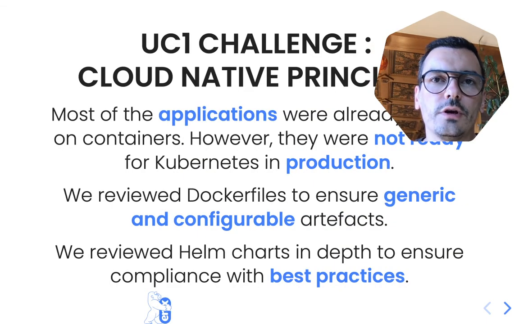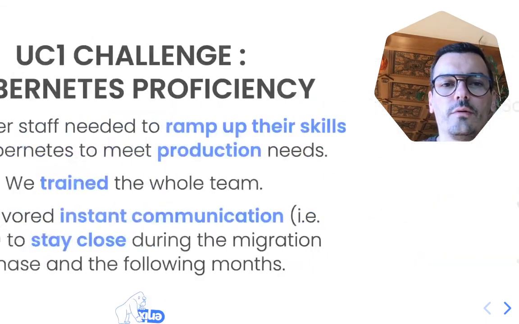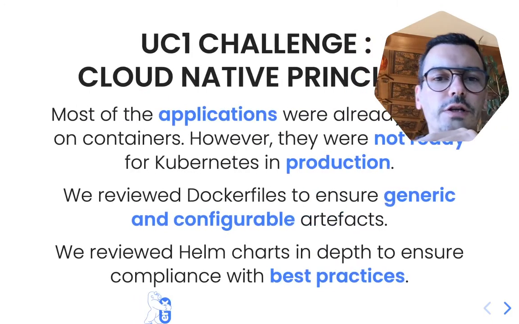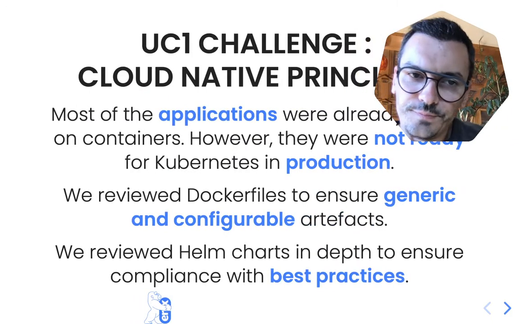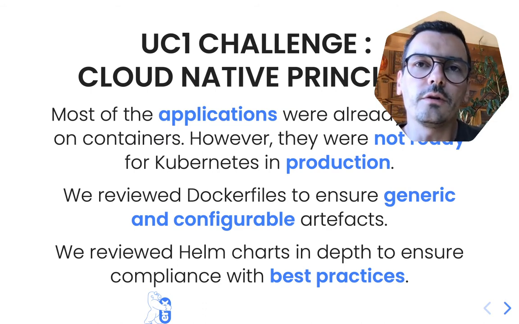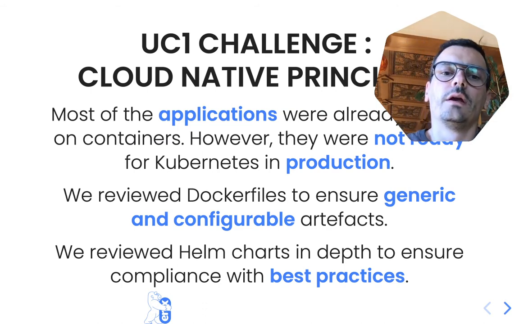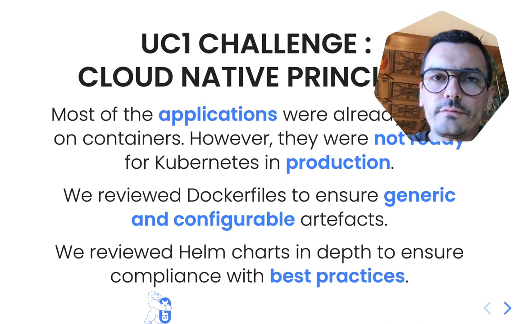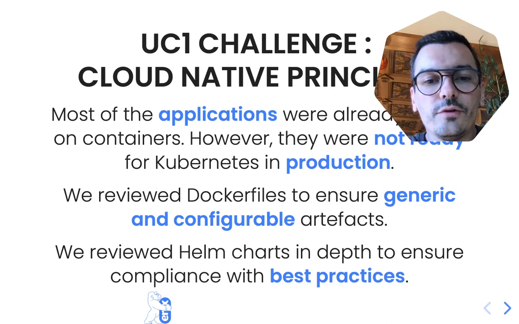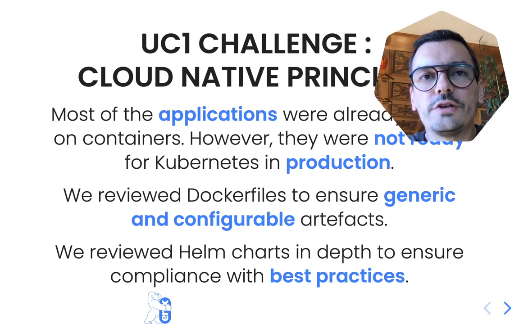The next challenge was about cloud native principles. We had applications that were already running in containers, but obviously they were not ready for Kubernetes in production. Why? Because most of the Dockerfiles were not really generic.